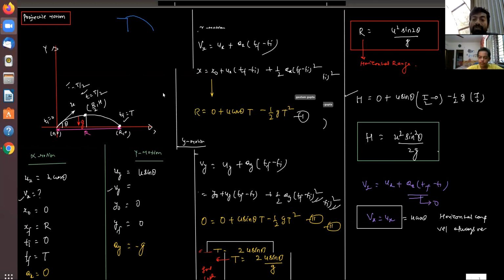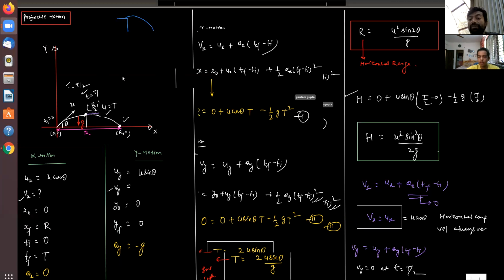And if you have to find Vy, the generic formula for Vy will be Uy plus Ay into Tf minus Ti. If you put Tf as T by 2, that means at maximum height, you will get Vy as 0. Vy is 0 at t equal to T by 2. That means at maximum height, it won't have any y component of velocity, and that is why this is maximum height.